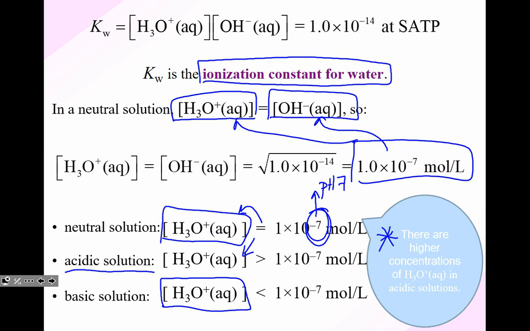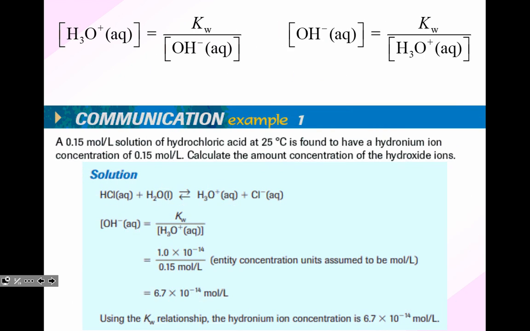So there are higher concentrations of hydronium ions in acidic solutions, lower concentrations compared to a neutral solution, and in comparison, much lower hydronium ion concentrations in a base. In fact, in a base, you're going to have a lot of hydroxide ions and low hydronium ion concentrations. In an acid, you have high hydronium ion concentrations and very low hydroxide ion concentrations. Kind of tongue twistery.